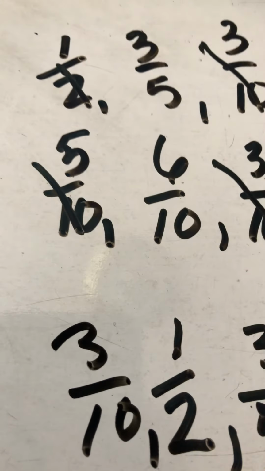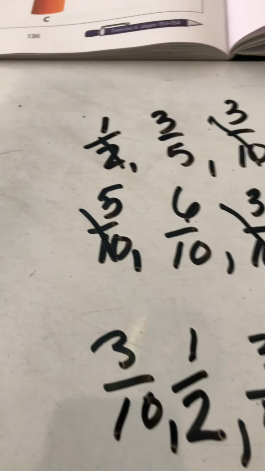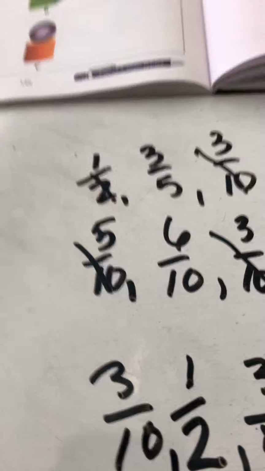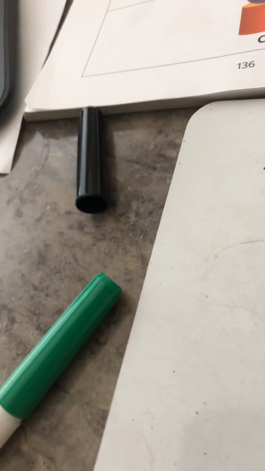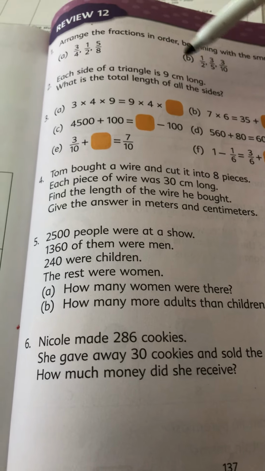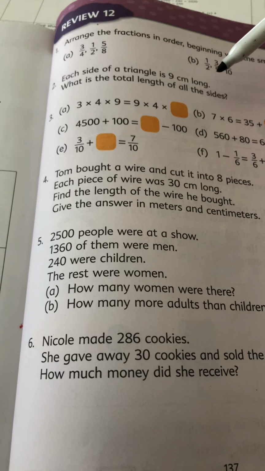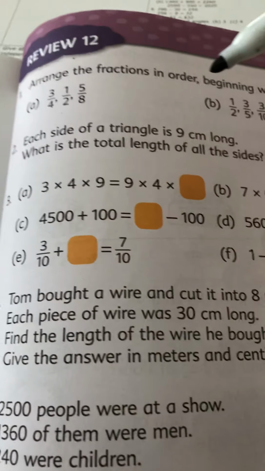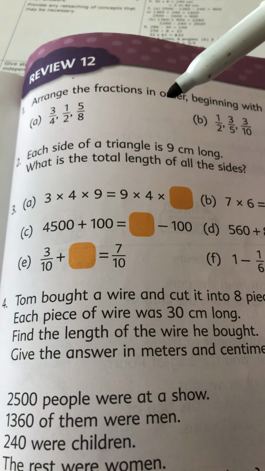Okay? And remember, any of these you have questions on, you just need to let me know about. Okay? I'd like to look at number 2. Each side of a triangle is 9 centimeters long. What's the total length of all the sides? Well, first of all, you have to figure out how many sides are in a triangle, T-R-I, 3 sides.